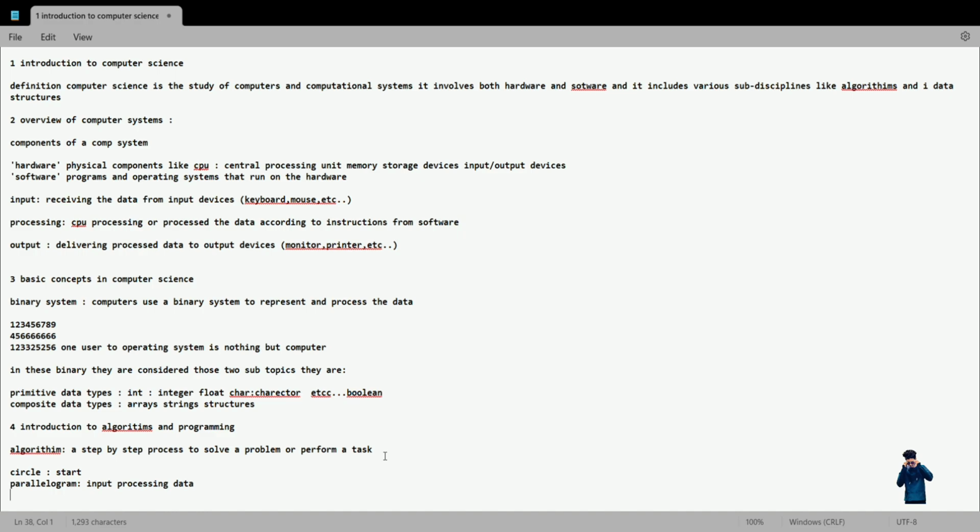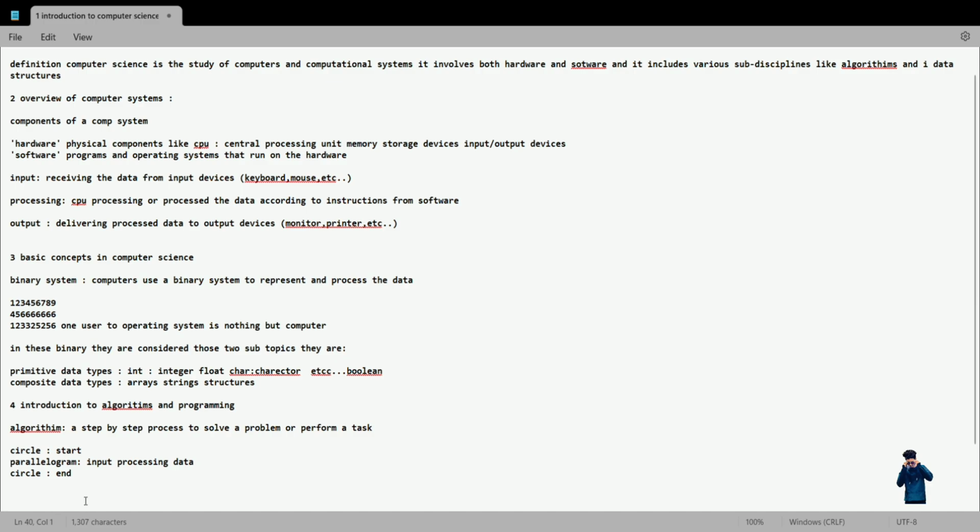It consists of several subtopics and several diagrams to show. After that, circle and end. So this is the way to start an algorithm in a similar manner.